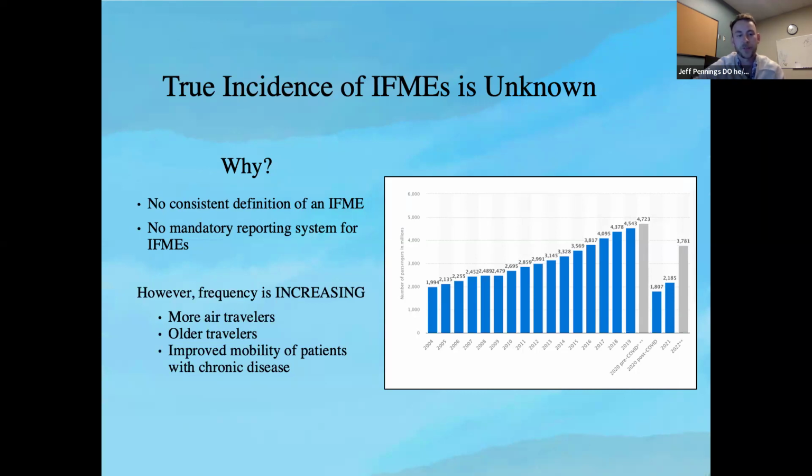One, there are more travelers. Going back about 20 years, there were about 1.9 billion travelers per year worldwide, whereas in 2019, 2020, there were 4.7 billion travelers per year. It's interesting to see this COVID blip here for a few years.